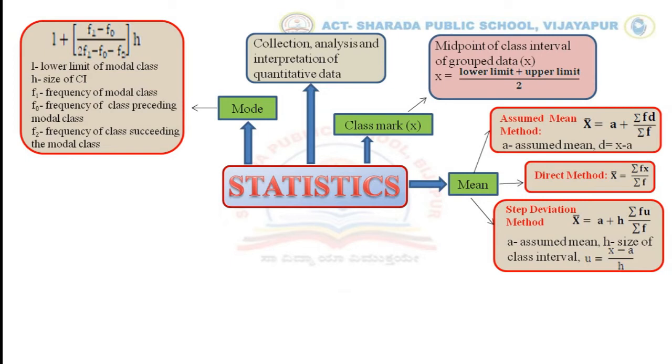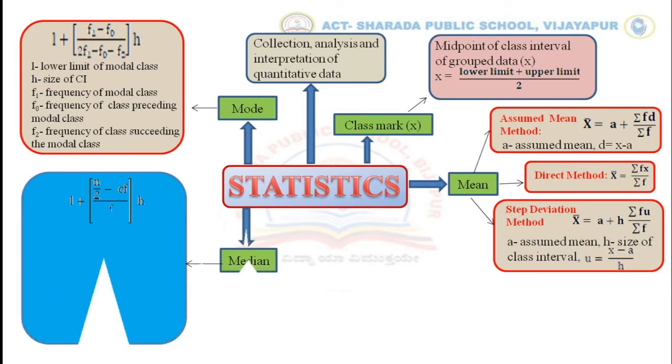The next measure of central tendency is median. As we discussed in the grade 9, median is the midpoint of the ungrouped data, and that number is obtained when all the ungrouped data is arranged in the ascending order.